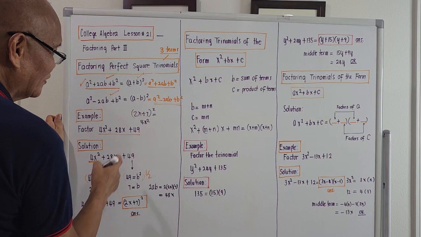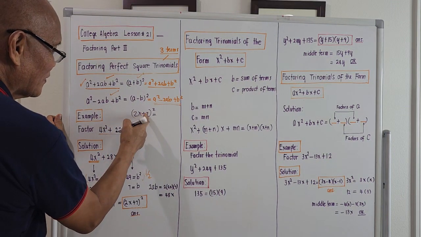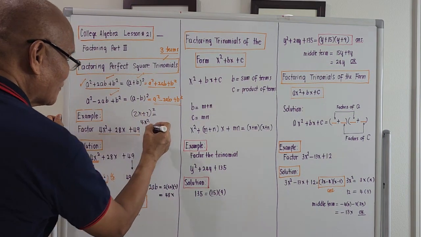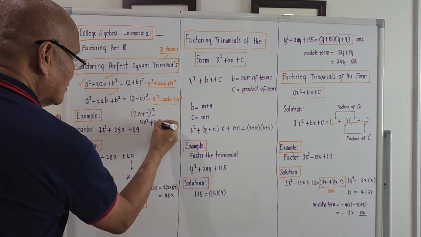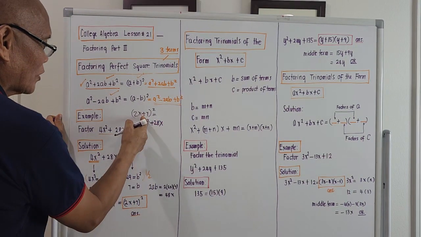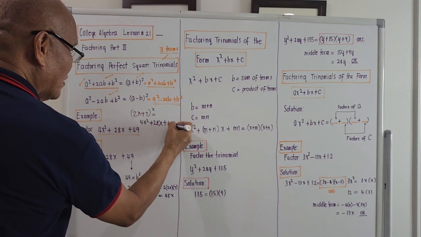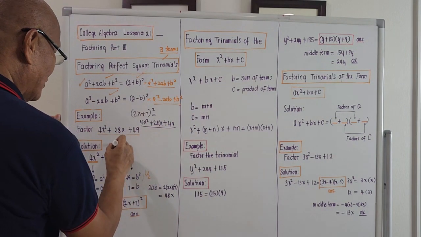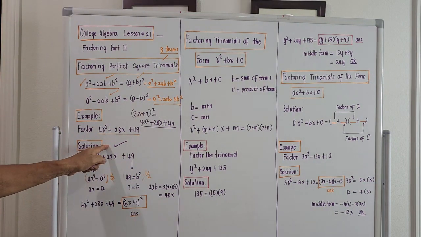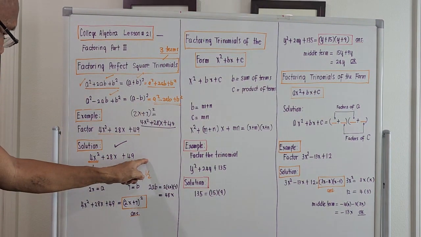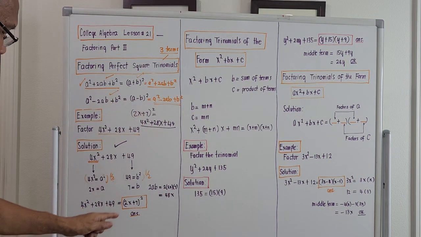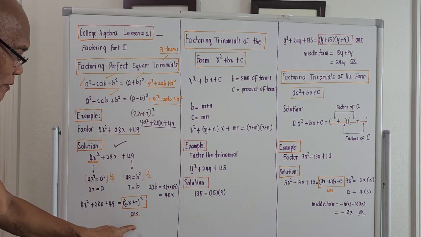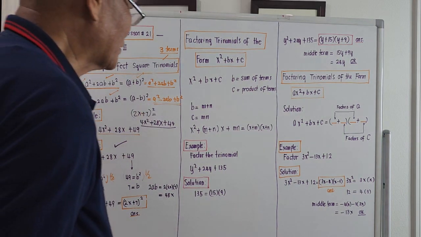The middle term will be the product 2x times 7 times 2. 2x times 7 will be 14 times 2, that will be plus 28x. And the square of 7 is actually plus 49. And if you notice, this one here is actually the given problem. So the given perfect square trinomial will be factorable to the quantity 2x plus 7 quantity squared. That will be our answer. Okay, as simple as that.